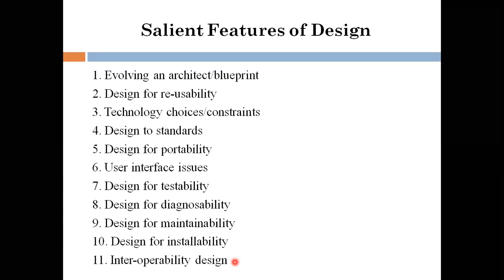So this is just an overview of module 4. We'll be moving from the design and development phase to the next topic, testing and maintenance phase. Now we shall talk in brief about these few things.